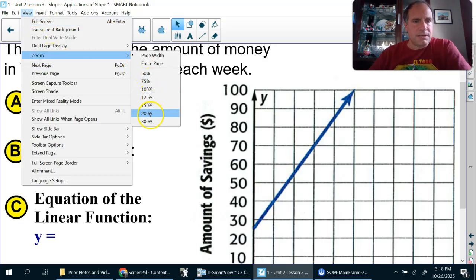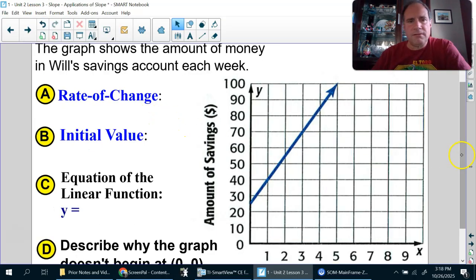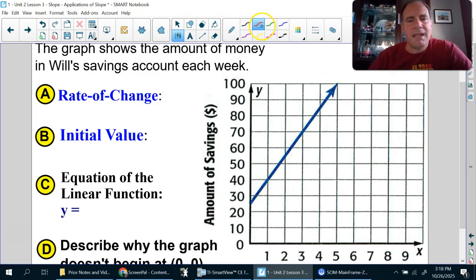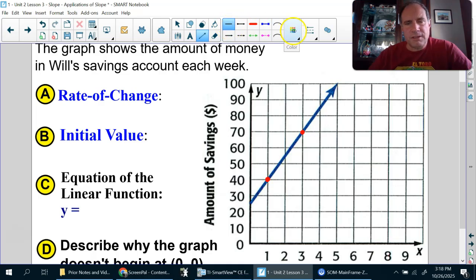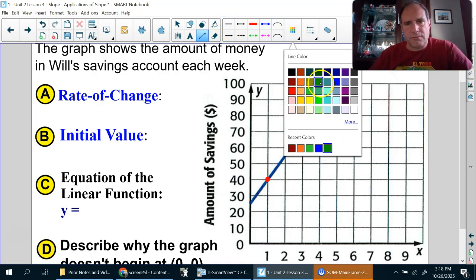So here is another graph. It asks you for the rate of change right away, and I'm going to skip this. You see this is like 25, but I'm not sure if it's 25. So I'm going to go up to a perfect point, and that is a perfect point. And my next perfect point is here. So for the rate of change, obviously I'm going to do rise over run.